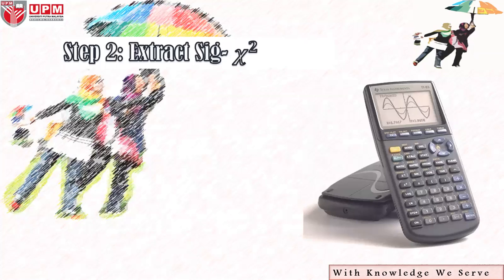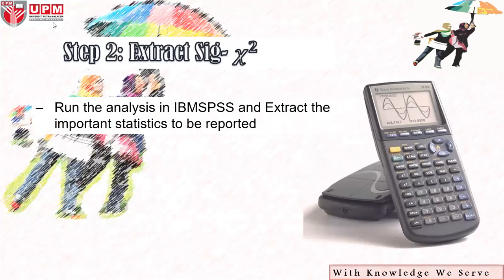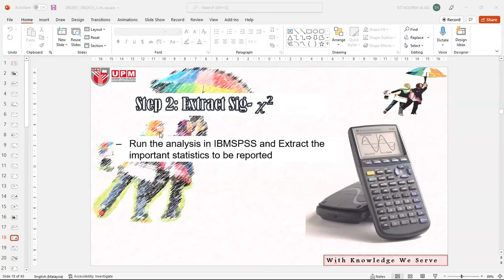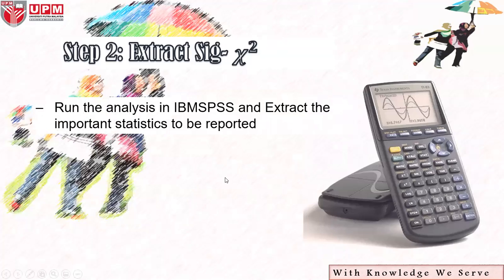Okay, now we want to extract the chi-square value. Please open the data set that I've shared through our Putra Blast, or I will share again here. Please download the dataset shared in our chat box and open it.